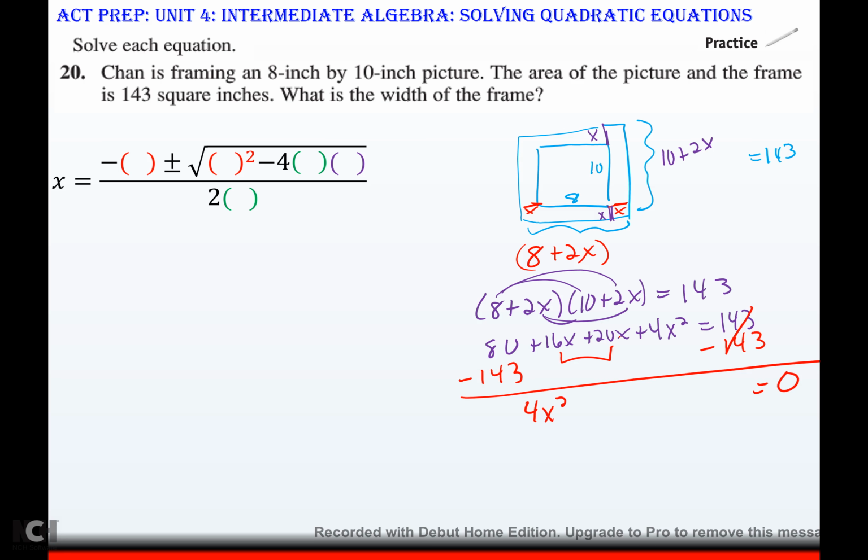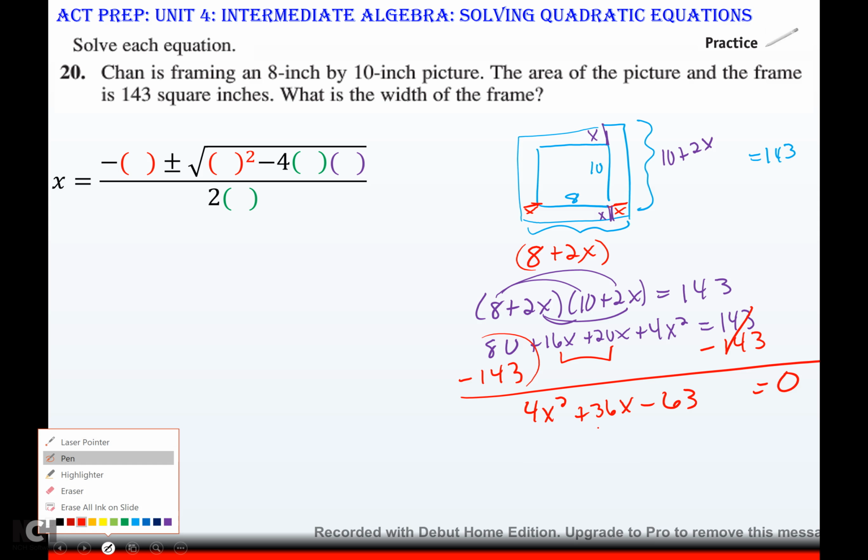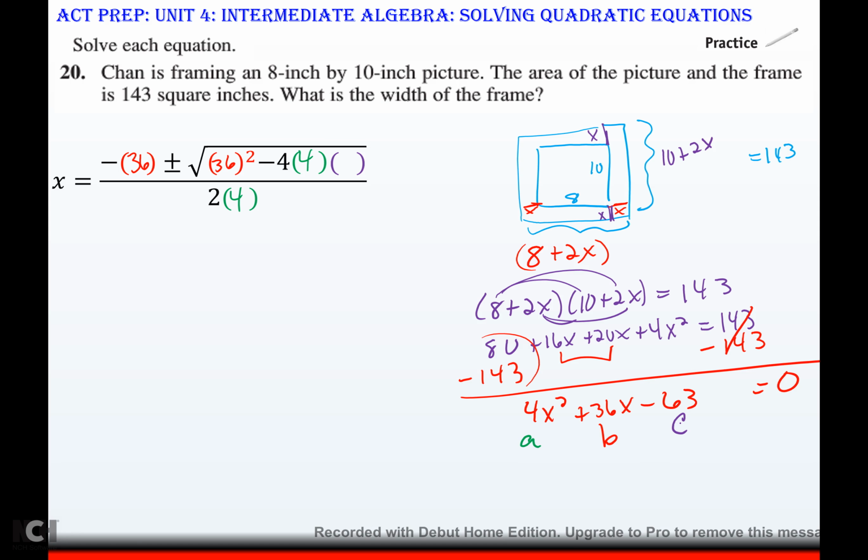Then the linears, which is going to give me plus 36x. And then my constant, 80 minus 143, is negative 63. Which tells me that b is 36, a is 4, and c is negative 63.